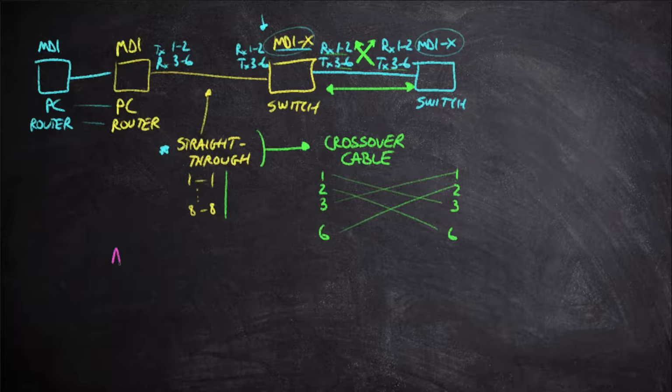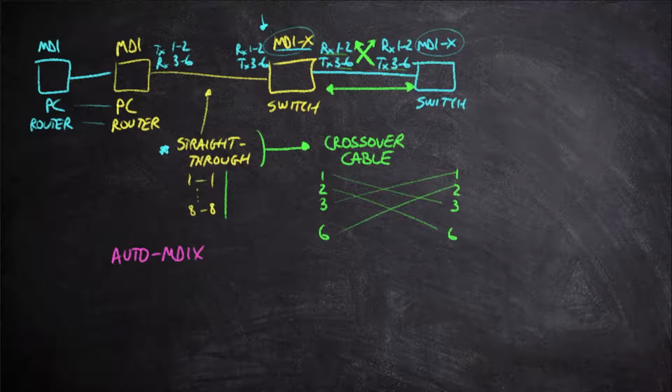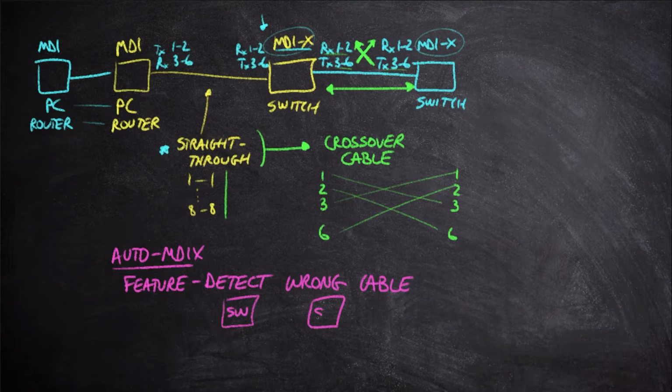Now, we mentioned something also that's worth going into a little bit more detail, which is the concept of Auto-MDIX. Auto-MDIX is a feature that is going to detect when we're using the wrong cable. Since it can detect the use of the wrong cable, it's going to then change the rules that it's following. So basically what could happen here is I have a switch, and I'm connecting those two switches, and I have a straight through cable.